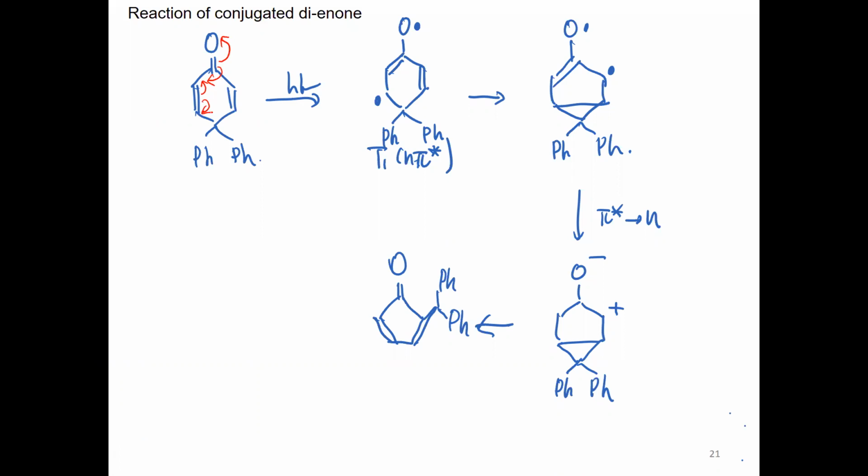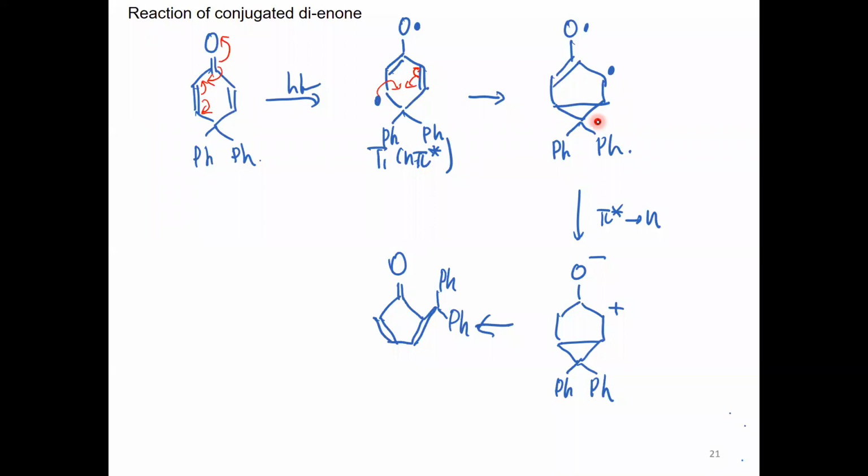To make a radical, like an excited state due to the excitation, and then this radical closes the link, and then this comes like this to make this kind of intermediate species.